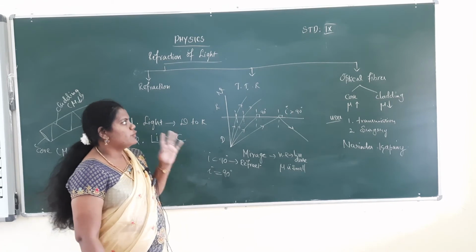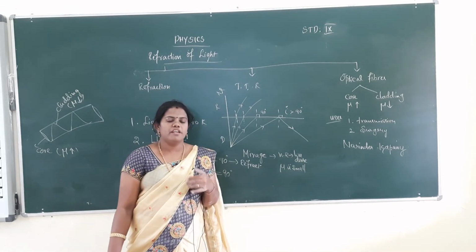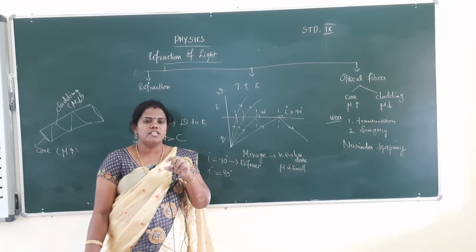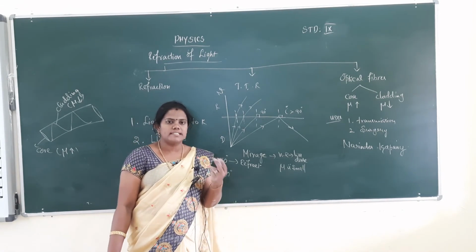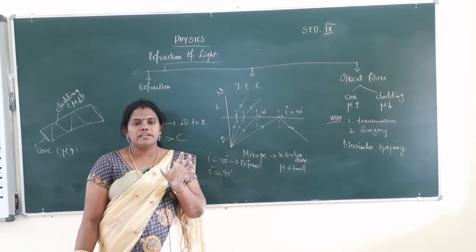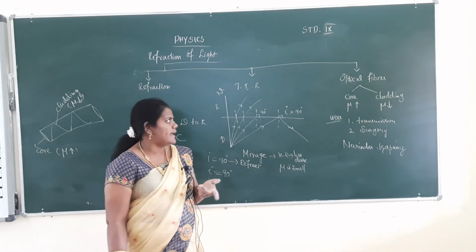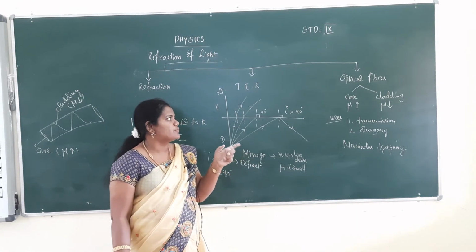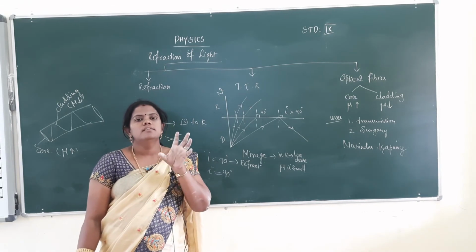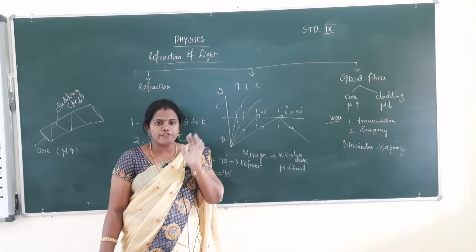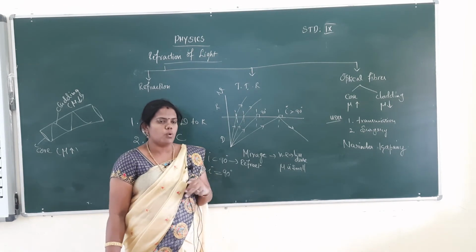Okay, and the fourth one is fiber optics or optical fibers. An optical fiber is made of plastic fiber with two parts: one is the core, another is the cladding. The core has a higher refractive index than the cladding, so light is refracted only in the core part, and in the middle part light is only reflected because the refractive index is low.